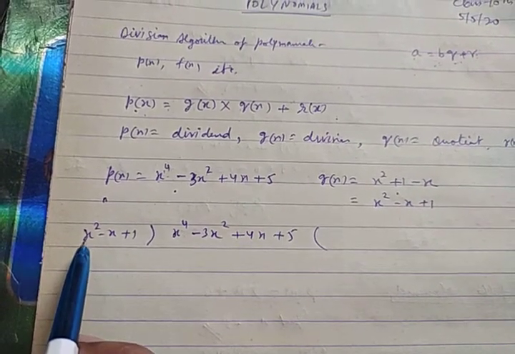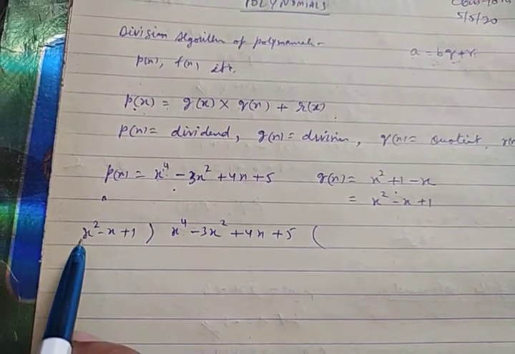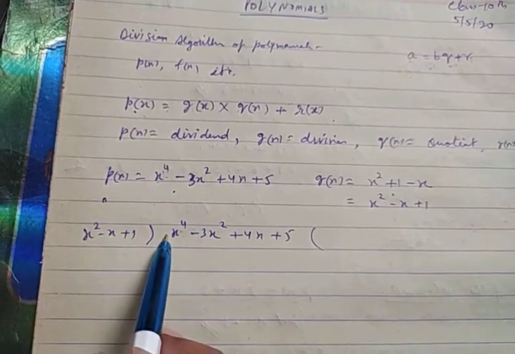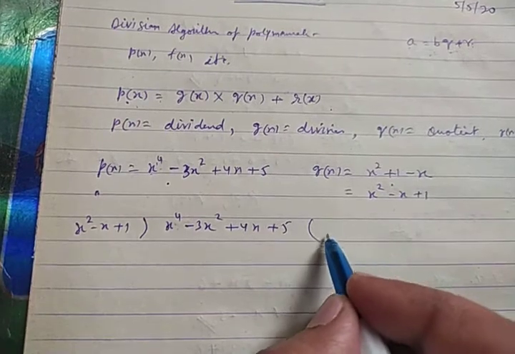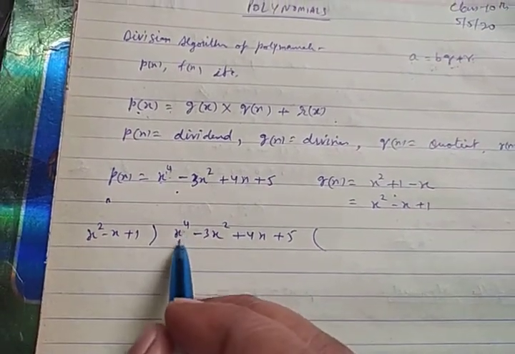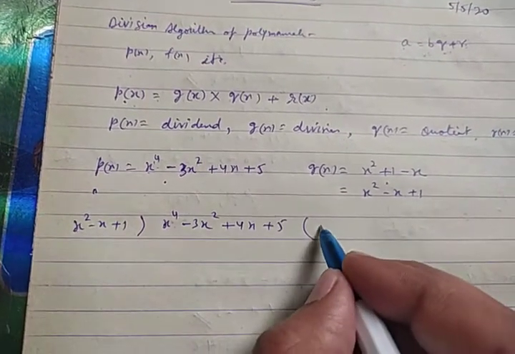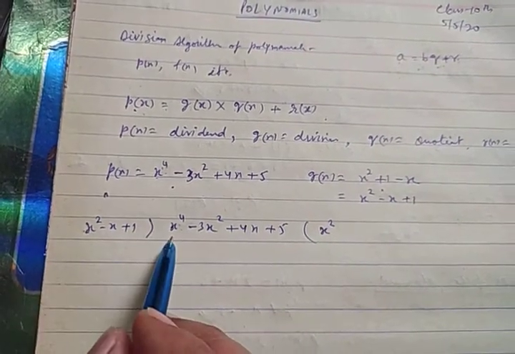Here it is x^2 and x^4. If you multiply this expression by x^2, you will get x^4. It means you have to take the expression in such a manner that one term is cancelled. Now multiply by x^2, because this will make x^4.